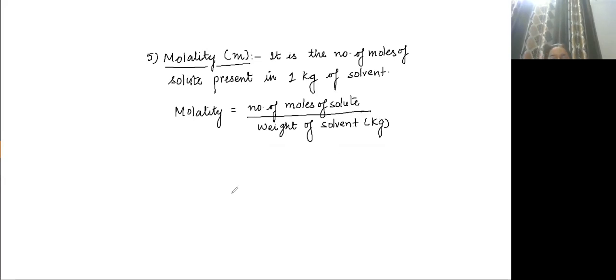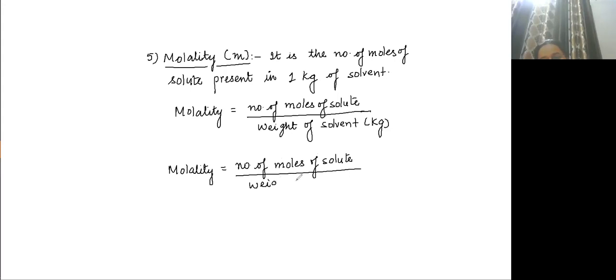If solvent is in grams, then the formula that you use is molality equals number of moles of solute divided by weight of solvent, multiplied by 1000. And generally, solvent is given in grams only. So the second formula we use generally.